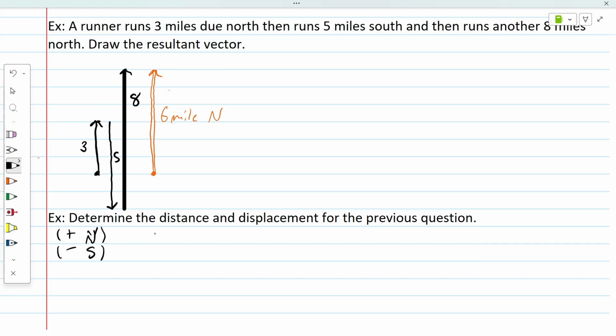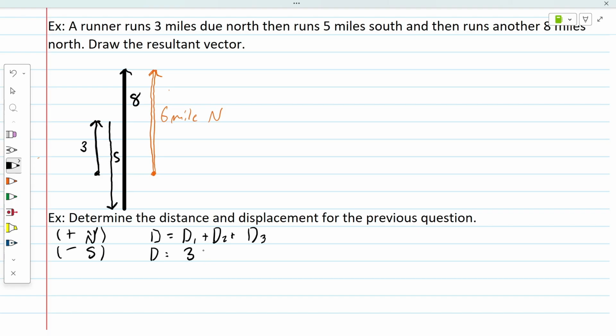So if we want to find our displacement first, which we'll write as a big D, we have three different displacements here. If we want to find the total displacement, we know that these will have directions, and as we noted over here, the signs of each variable will be how we get the direction. First it's 3 miles north, so we can draw in the 3 miles here, and it's a positive 3 because it's going north.